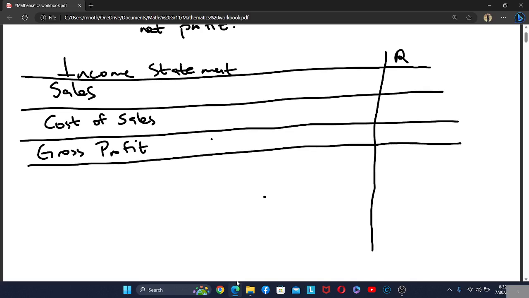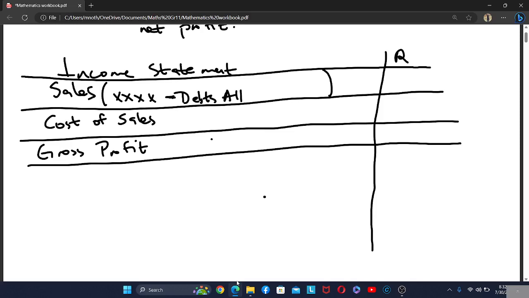Now, here in sales, when you are doing the income statement, the first thing that you must do is take the amount of sales in the trial balance, take the balance of the sales in the trial balance, and then you subtract the debtors allowances. That is the first thing that you must do.